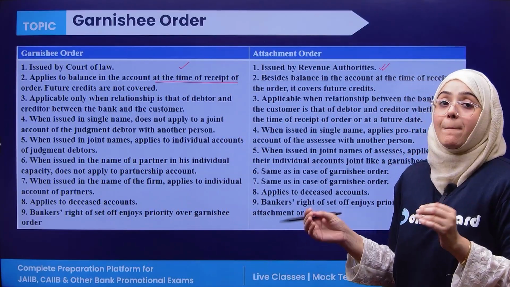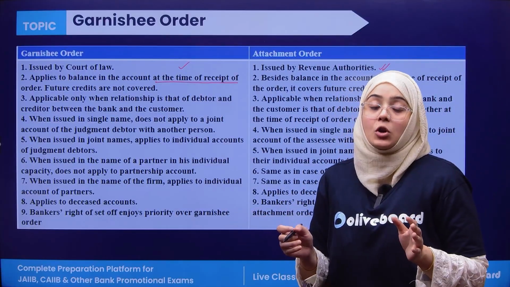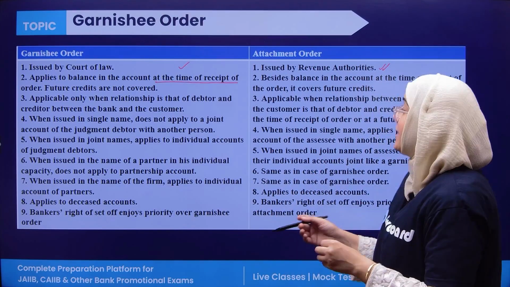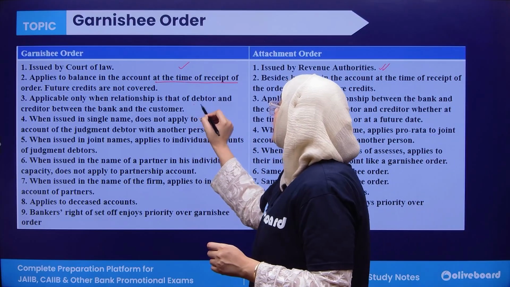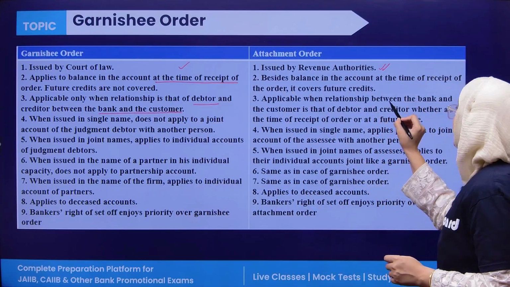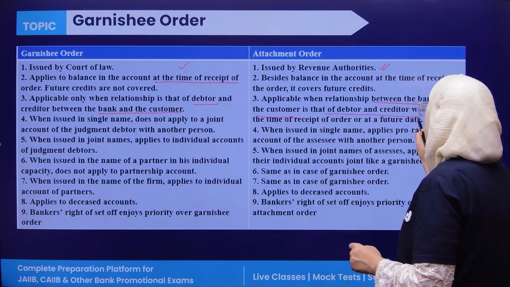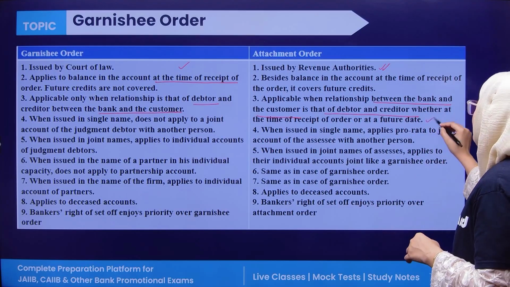It is actually passed when the bank has to credit all the amount from today and in the future also in the customer account. It is applicable only when the relationship between the bank and the customer is that of debtor and creditor, whether at the time of receipt or at a future date.